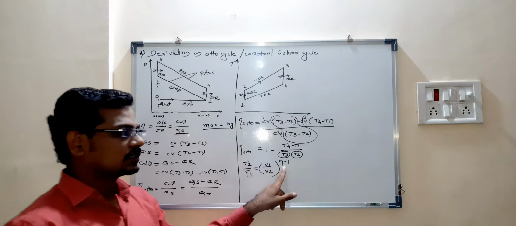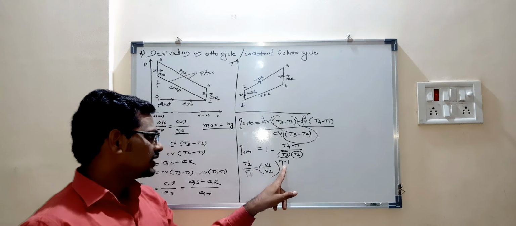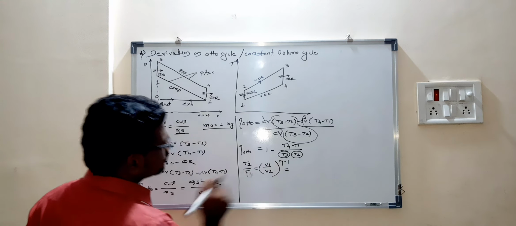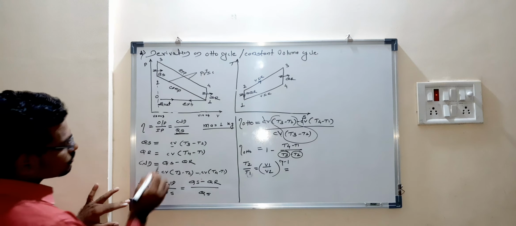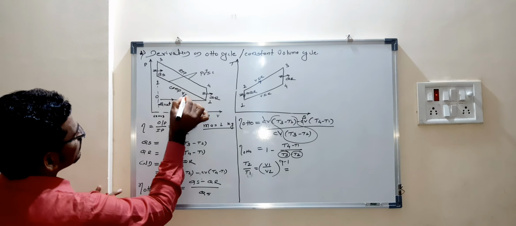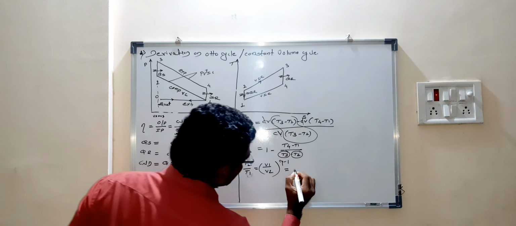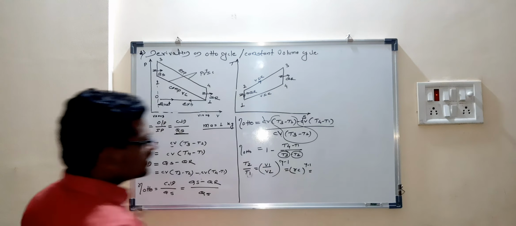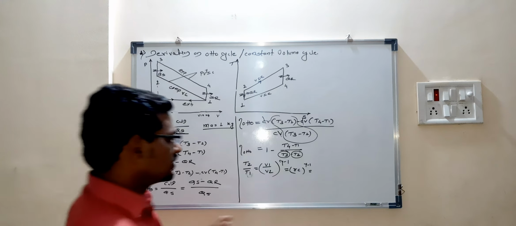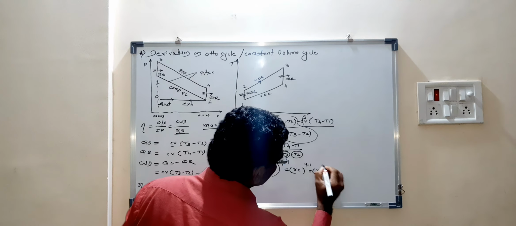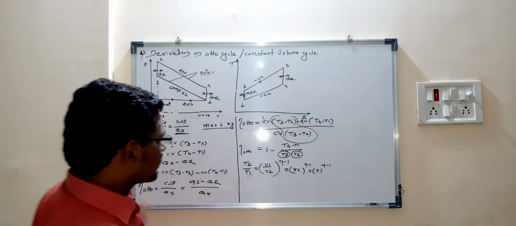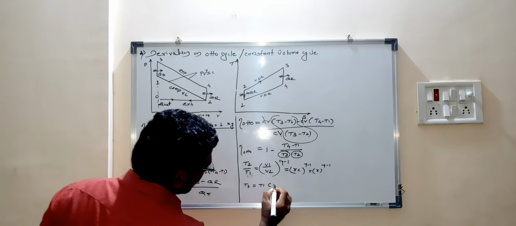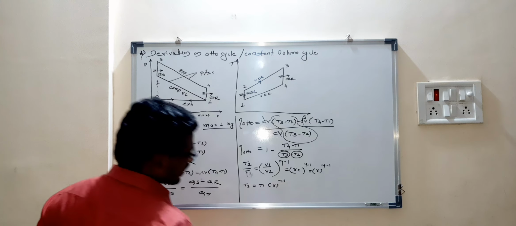V1 by V2 is the compression ratio, indicated by R. So I can write RC raised to the power gamma minus 1. So here we can write T2 is equal to T1 R raised to the power gamma minus 1.